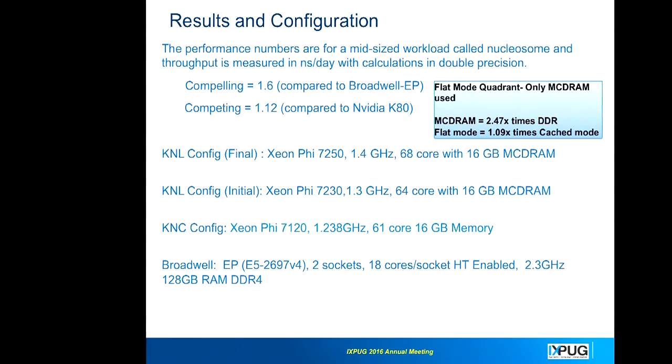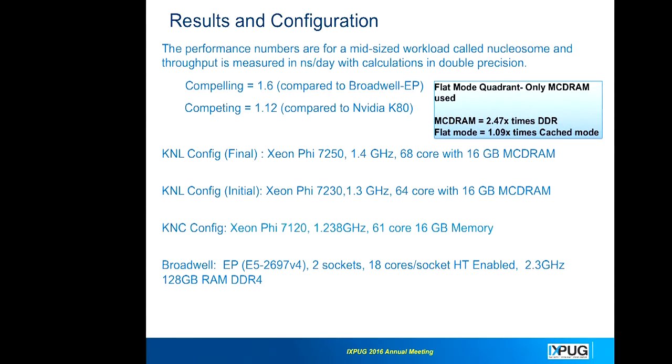If you compare the results with Broadwell EP, which has a configuration of 2 sockets, 18 cores per socket, KNL is 1.6 times better. If you compare with the NVIDIA K80 card, we are 12% better on computing. But there is a catch to this.